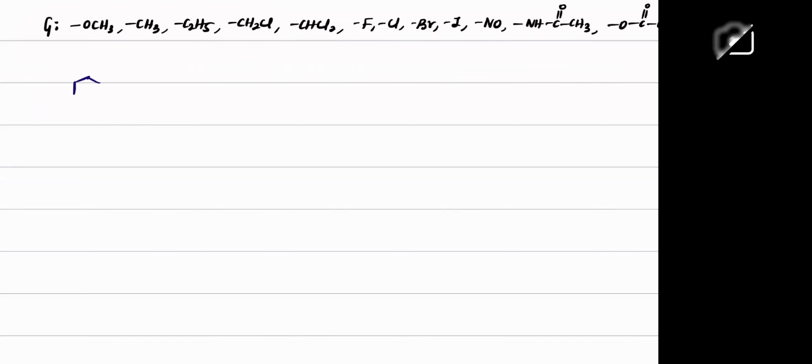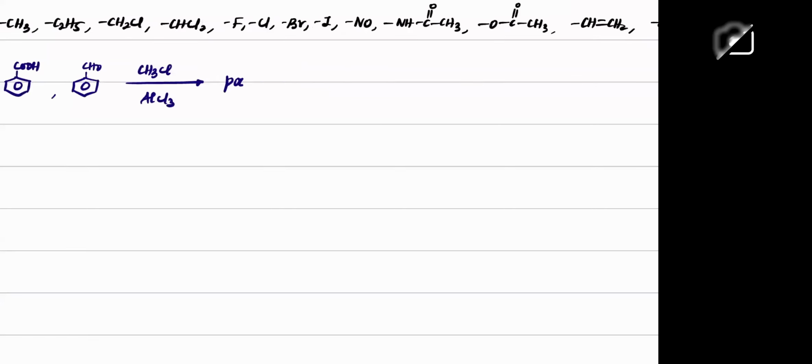So that's why you see that OH, COOH, CHO, if at all you react with CH3Cl in the presence of AlCl3, here the reaction will take place and you will get poor yields.